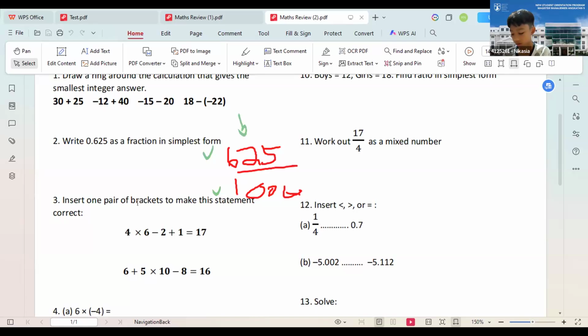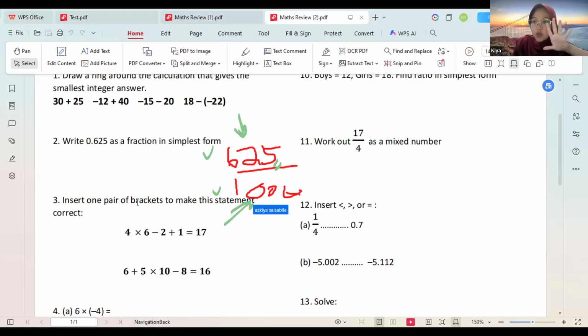And then for 3, can this be divided by 3? No. And if the last digit of the number is 5, you can always divide it by 5. Also, if the last digit is 0, you can always divide this number by 5.